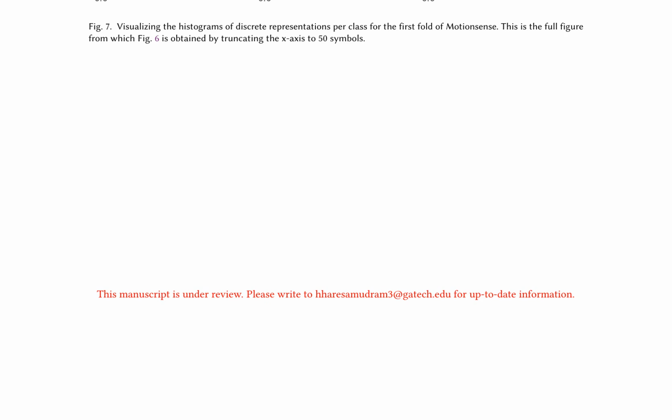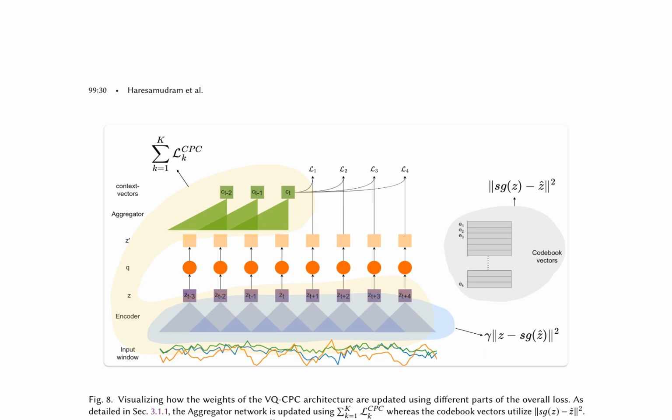This visualization highlights the diversity of symbols in each class, essential for effective human activity recognition. Figure 8 illustrates the weight updates of the VQ-CPC architecture, a critical component of the proposed self-supervised learning framework. The aggregator network is updated using the sum of contrastive predictive coding losses, denoted as the sum over k equals 1 to K of L_CPC,k. The codebook vectors are updated based on the Euclidean distance between the stop gradient vector sg(z) and the quantized vector z, represented as ||sg(z) - z||².